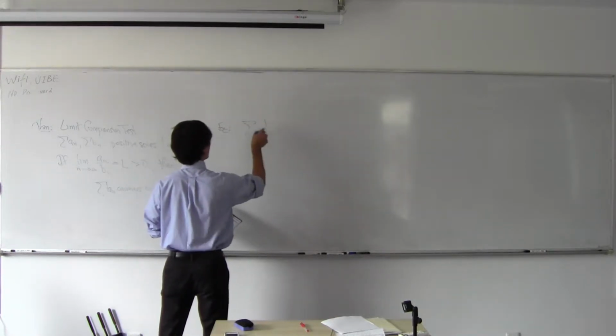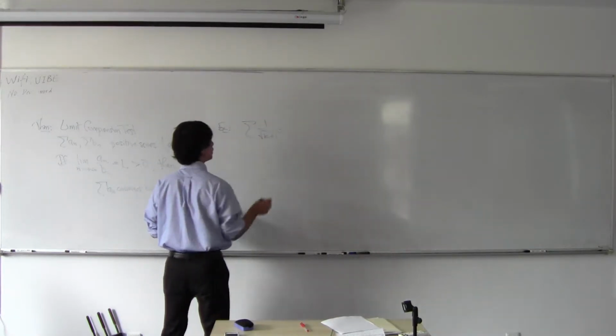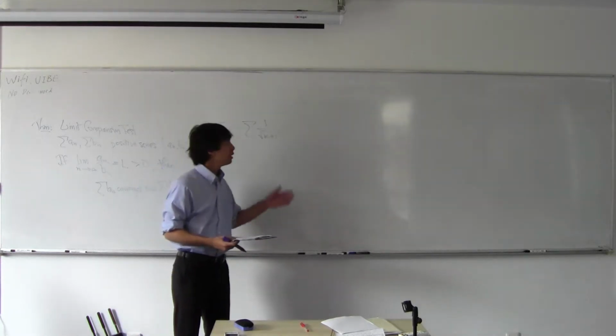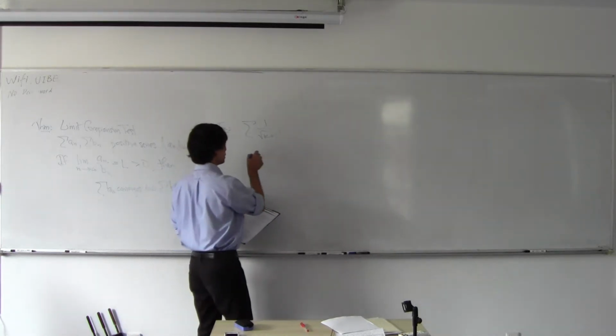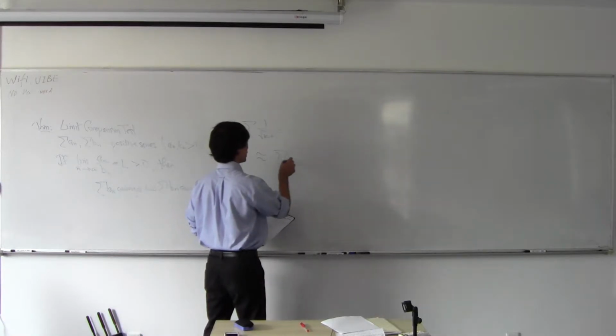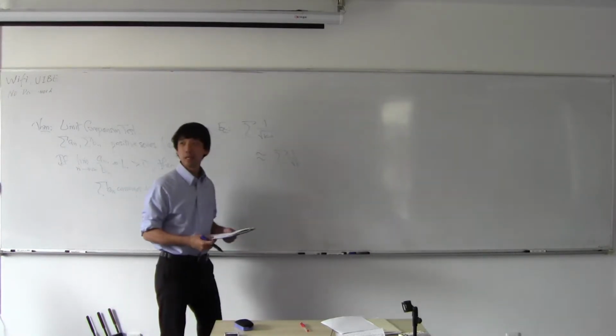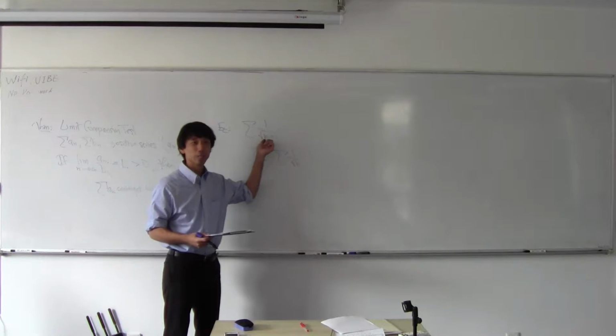Earlier we did this one, 1 over root k plus 1, right? And we said that what this really should be is something like 1 over root k. That plus 1 really shouldn't matter that much.